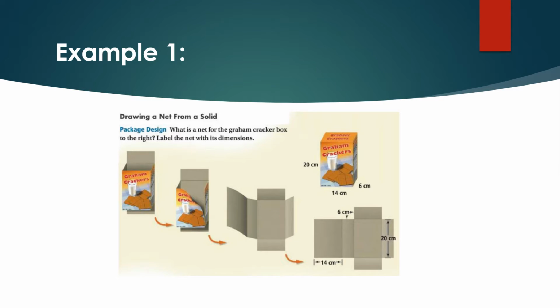Here in example one, we've got an example of a net. So they're saying to take a look at this three-dimensional graham cracker box. If you were to tear the box along the seams, you could spread it out into a two-dimensional figure, like this one down here, which if we fold it along the seams again, we should be able to construct a three-dimensional box like we started with.